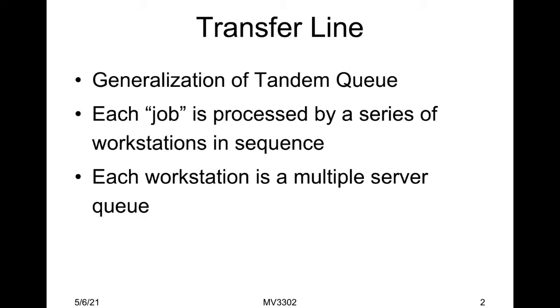I checked in, then there was another person that did the paperwork. There was yet another one after that. There was a queue to get the shot itself, and then another queue basically to wait for them to finish processing it and give me the card. So that was an example of this tandem, of this transfer line. It's called a transfer line because after you finish at each workstation, you get transferred to the next one.